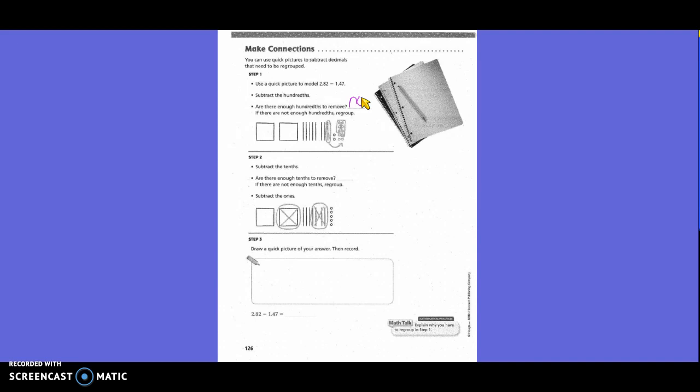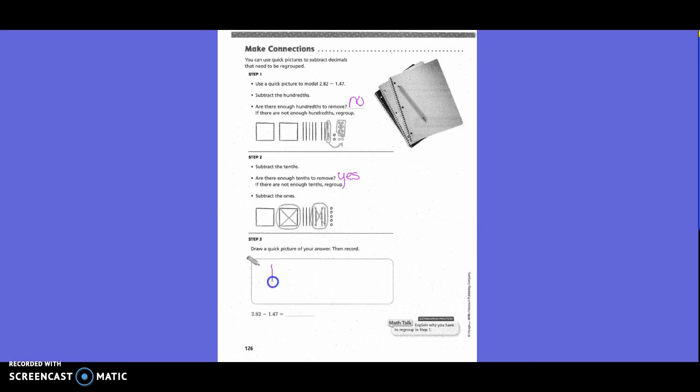Then it says subtract the tenths. Are there enough tenths to remove? Yes. So then they subtracted what? 4 tenths, right? They circled 4 of them and crossed them off. Then they needed to subtract a flat, so they circled it, marked it off, and drew a quick picture of the answer.